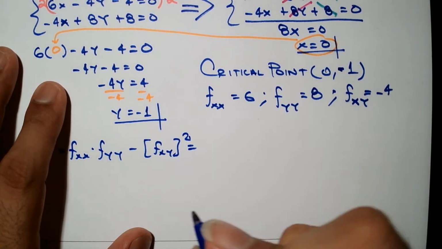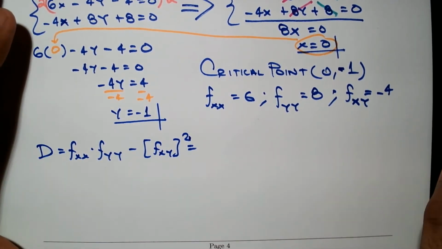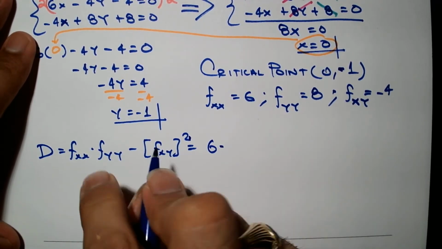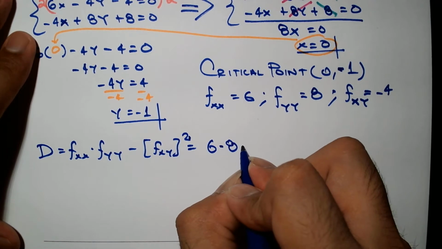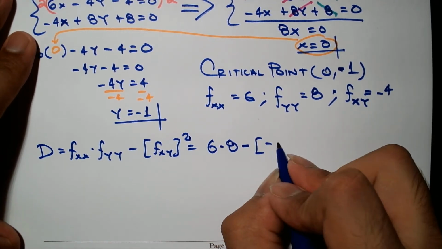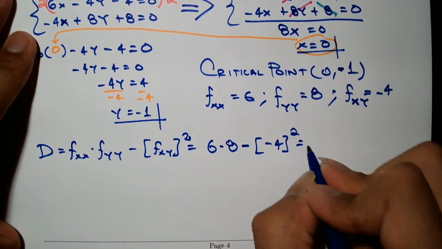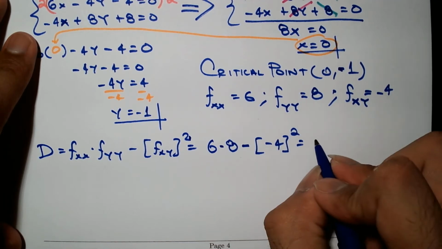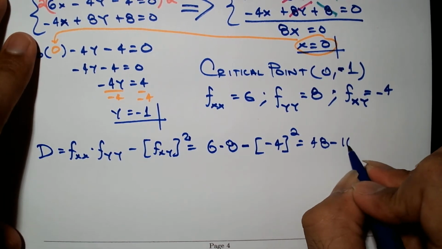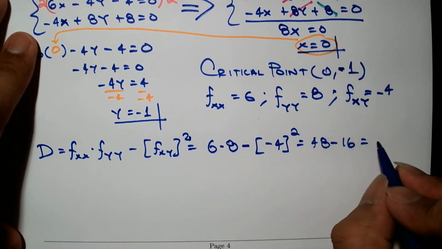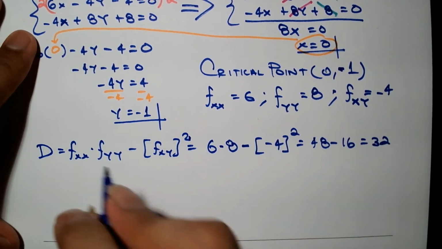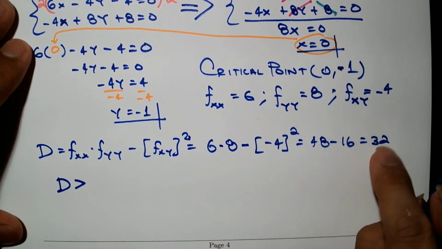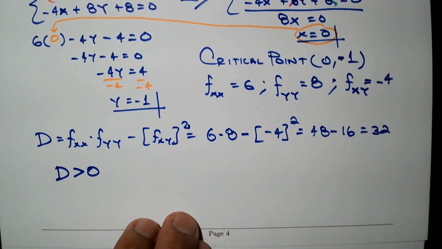So it is going to be fxx equals 6 times fyy equals 8, and then minus the quantity negative 4 squared. So we get 48 minus 16, which equals 32. In this case, we look at two conclusions. Number one, D is a positive number, positive 32, greater than 0.